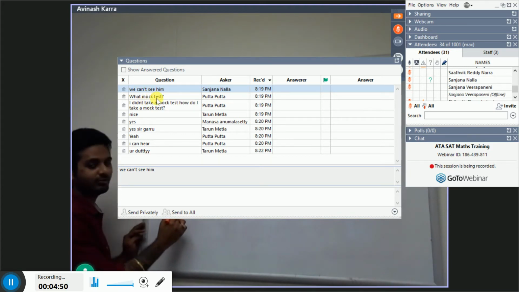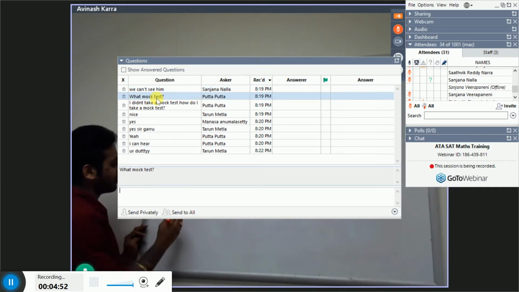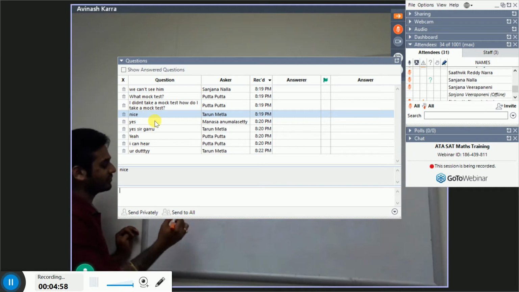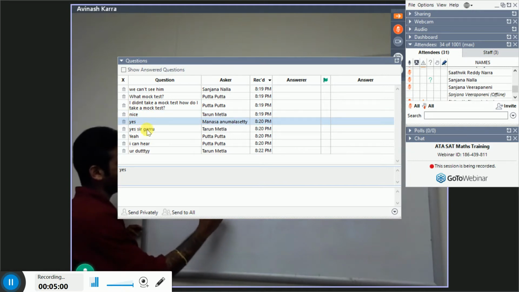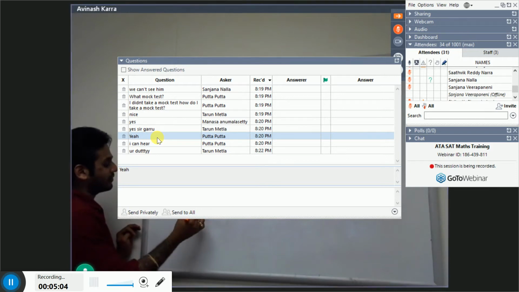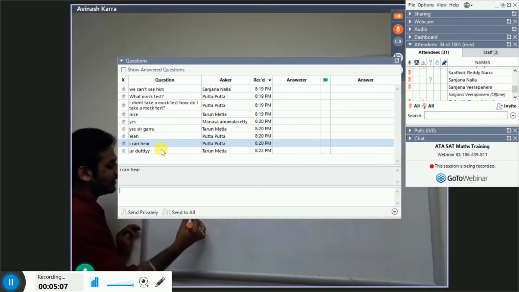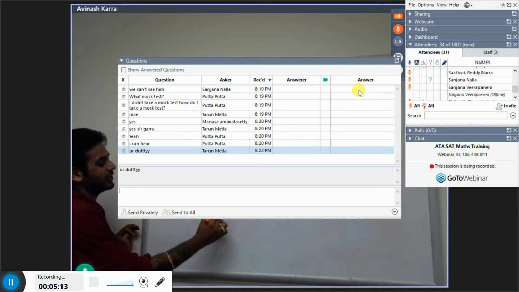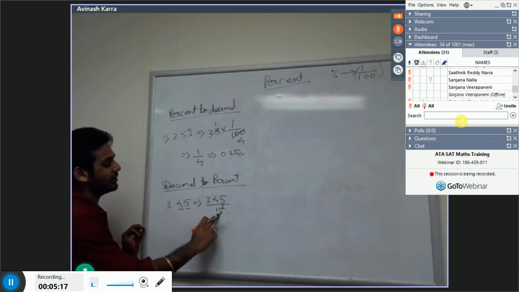How to convert this decimal into a fraction? Just count how many digits are there after the decimal. 1 and 2, right? So in the denominator, after removing the decimal, it becomes 10 square, 10 to the power of 2.